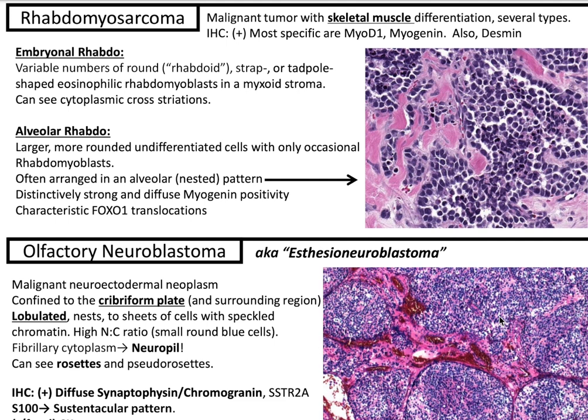Alveolar rhabdomyosarcoma has larger, more rounded, architecturally undifferentiated cells with only occasional rhabdomyoblasts, often arranged in an alveolar or nested pattern, and distinctively strong and diffuse myogenin positivity. What's very important for boards and for prognosis is this characteristic FOXO1 translocation, which has a worse prognosis.